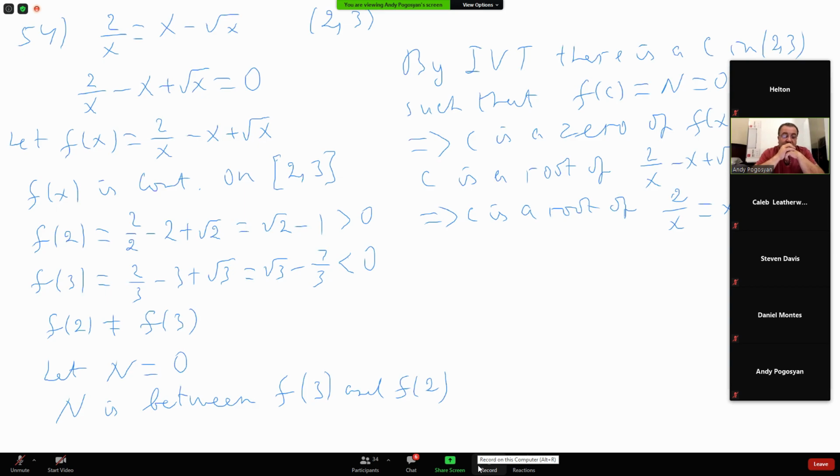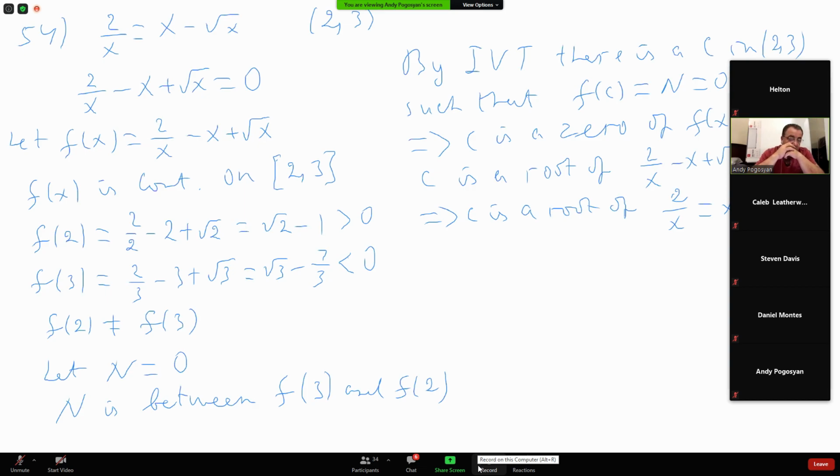Now, 0 is between positive and negative values, and by the intermediate value theorem, there should be a number c for which you get 0. For that number, you get f of x equals 0. So that means c is a 0 of the function. c is the root of the equation, and then c should be a root of the original equation.